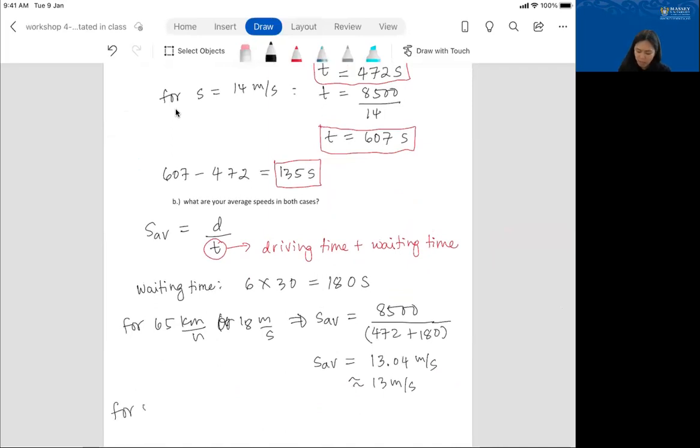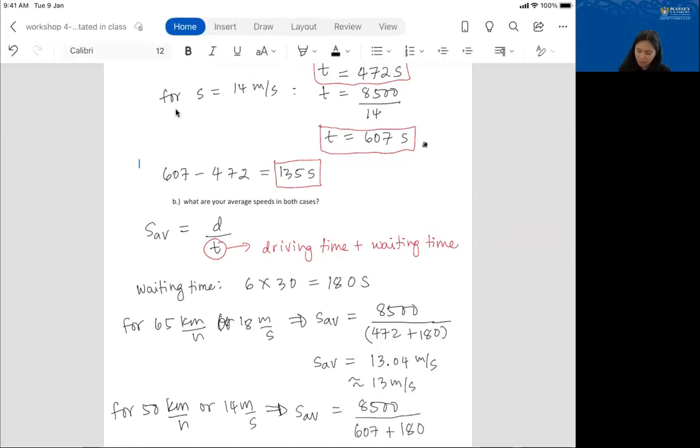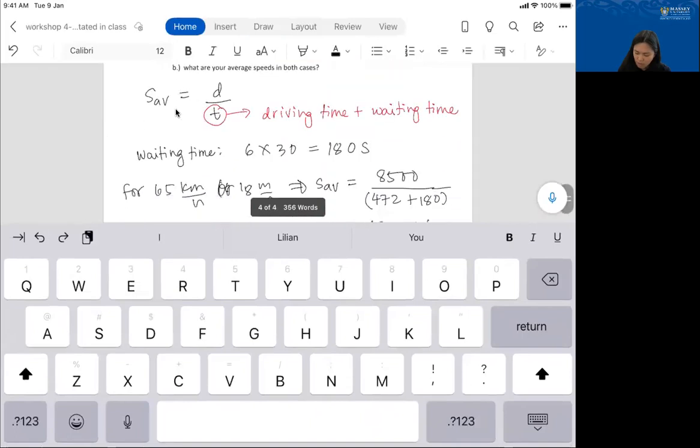And when your speed is 50 kilometers per hour, or 14 meters per second, your average speed will be the distance that you travel, 8,500, divided by your driving time. We've solved that earlier, 607 seconds plus the waiting time, 180 seconds.